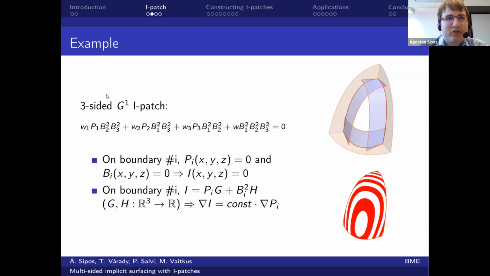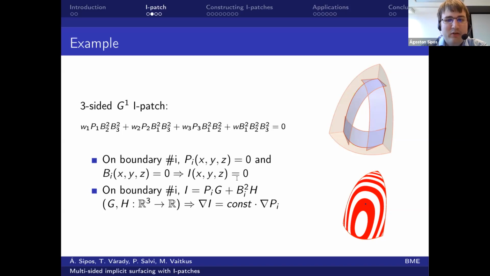Here you can see the equation of a three-sided I-patch with G1 continuity and the reasoning why it works. On the i-th boundary curve, the effect of all primaries with a different index vanishes as b_i equals 0. And the term which includes p_i also becomes 0 because we are on the p_i primary as well.